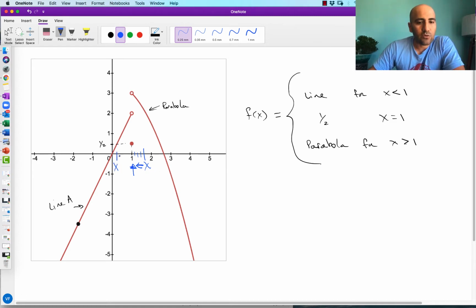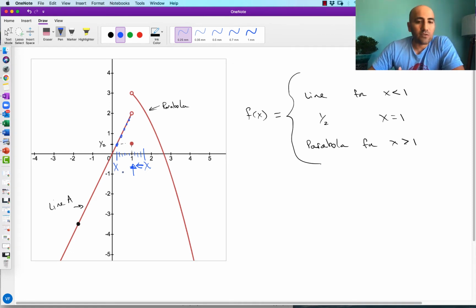As we choose values from either side, the output is going to get closer and closer to something. So in this particular case, we see that from the left-hand side, the outputs are getting really close to the number 2, right?